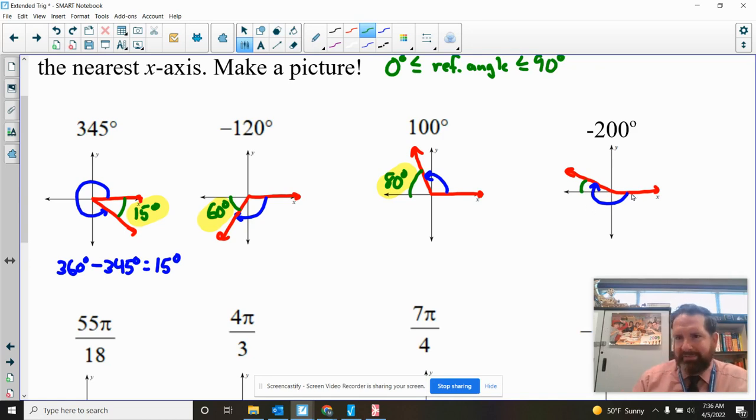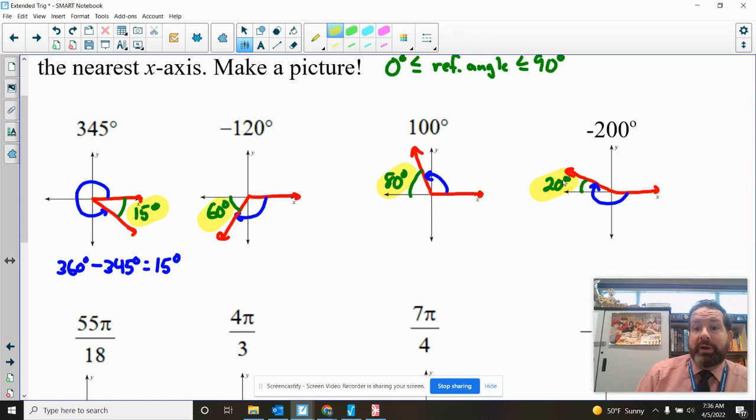What I do have is the blue is a half turn plus a little bit of extra. Well, notice this reference angle is that little bit of extra. So I need to see, okay, I had a 200-degree rotation clockwise. That means I went 180, which was the half turn, plus another 20. That leftover bit, that's what the reference angle is.